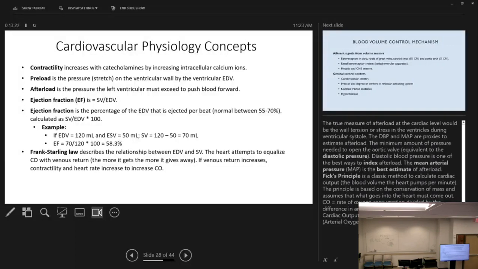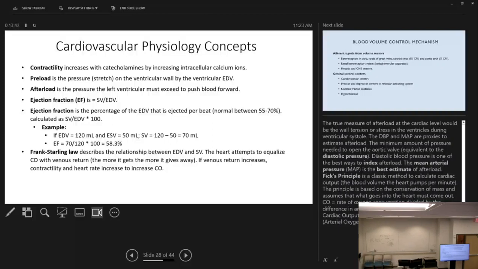Okay, acetylcholine is mostly for the sinoatrial node and AV node. Catecholamines increase intracellular calcium, so we increase the force. Okay, we get the same with digoxin. Okay, digoxin will inhibit the sodium-potassium pumps. It's going to lead to depolarization, and it's going to increase the amount of calcium inside the cell, so it's going to make the contraction stronger.